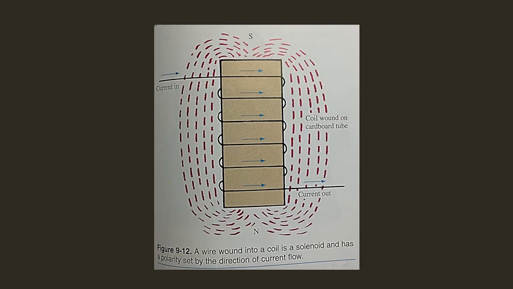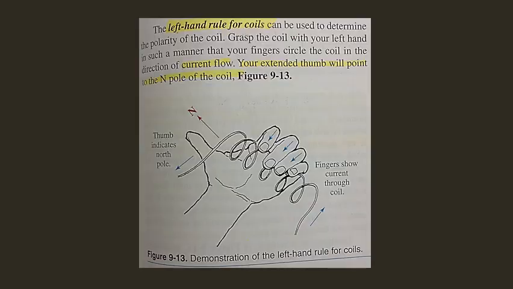This solenoid is shown in figure 9-12. The left-hand rule for coils can be used to determine the polarity of the coil. Grasp the coil with your left hand in such a manner that your fingers circle the coil in the direction of current flow. Your extended thumb will point to the N pole of the coil, figure 9-13.